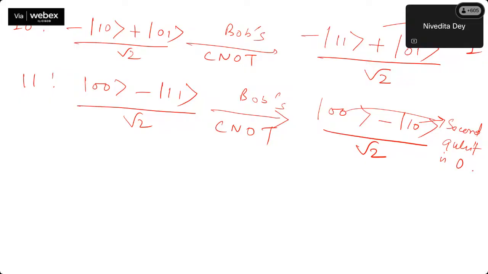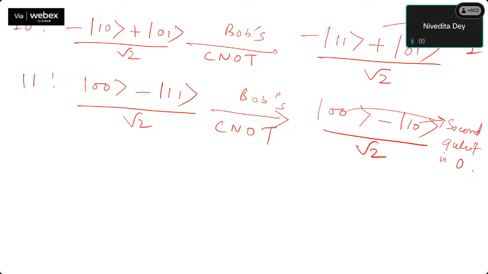If we check cases number 1 and 4, the second qubit is 0, and in cases 2 and 3, the second qubit is 1. But if the second qubit is 0, then Alice must have sent either 0, 0 or 1, 1. 0, 0 was the first case, and 1, 1 is the last case.